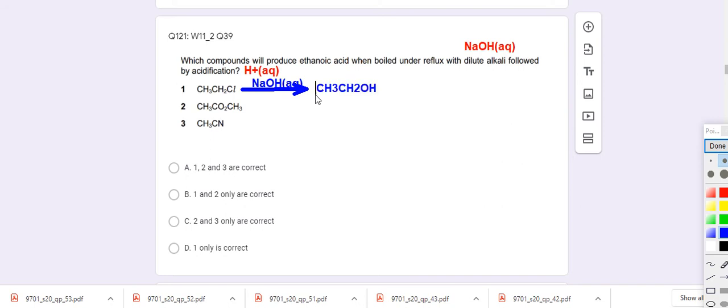After that, this reaction is followed by acidification. So the next step, we add acid. Alcohol will not react with dilute acid, so it remains as alcohol.